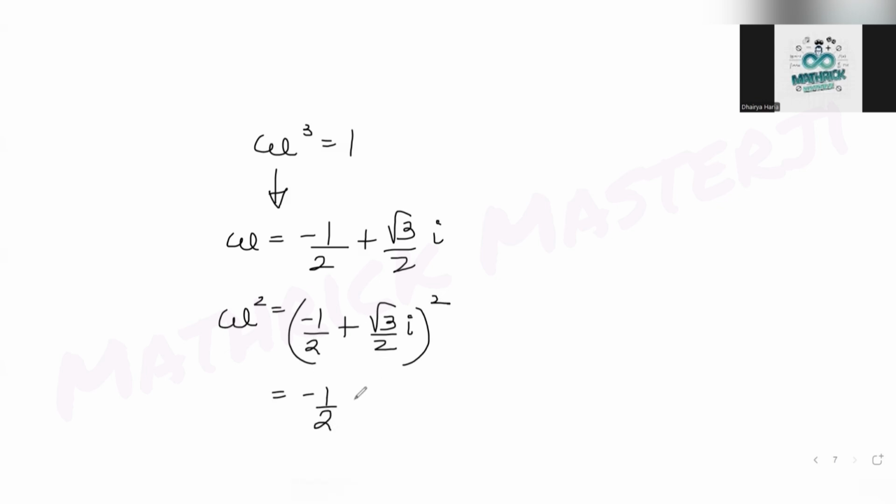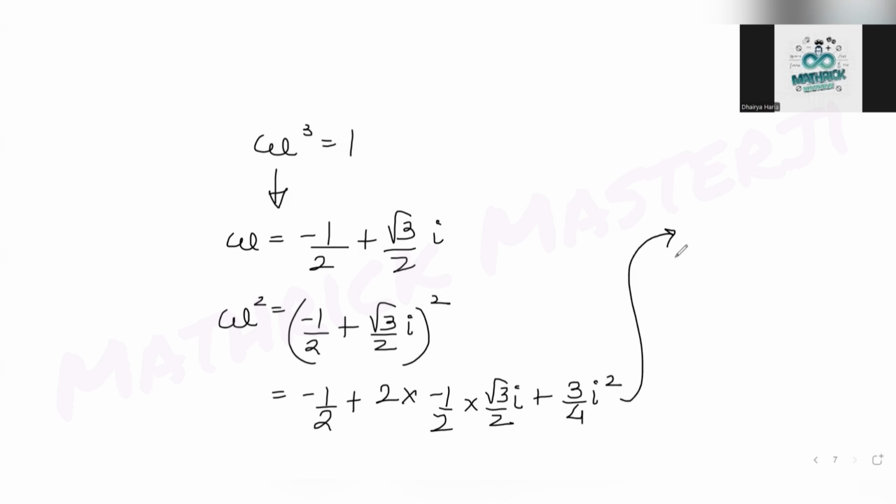So a square plus 2ab plus b square, which is root 3 over 2i square, which is 3 over 4i square. That gives me minus half, 2 and 2 cancel, so minus root 3 over 2i, and plus 3 over 4 times minus 1, so minus 3 over 4.